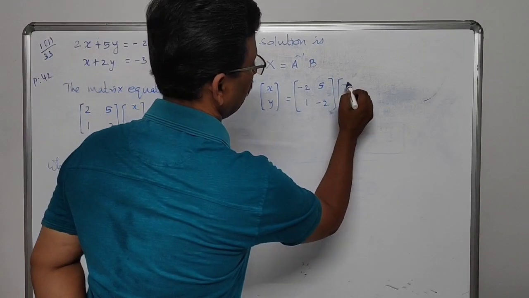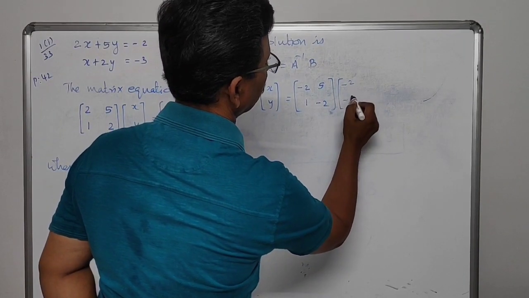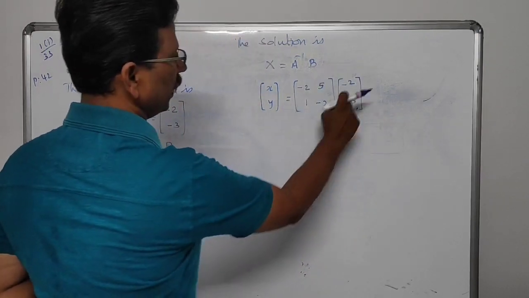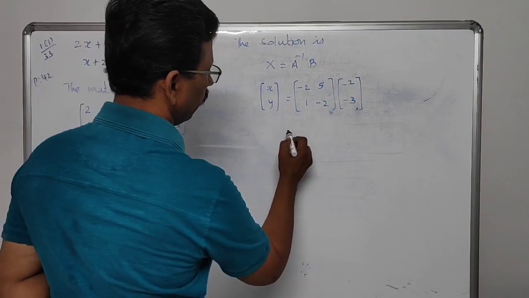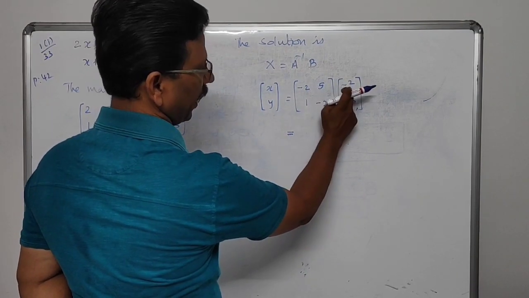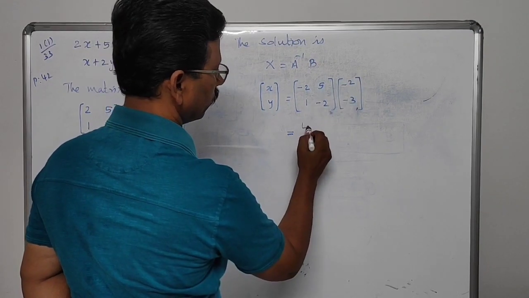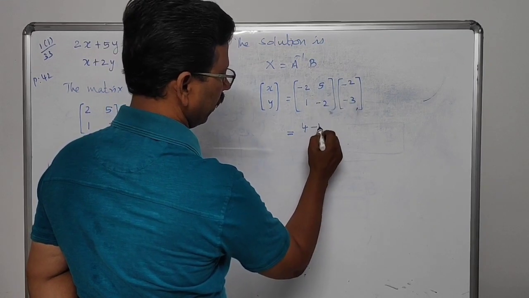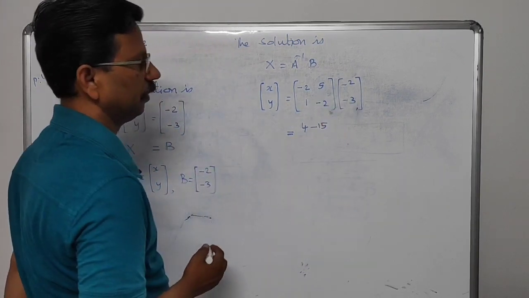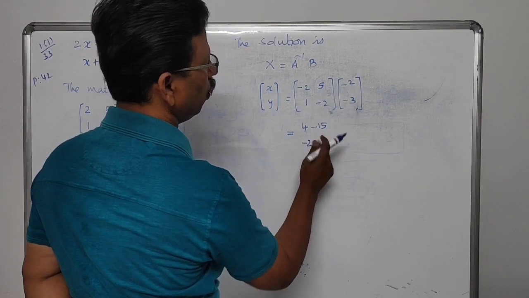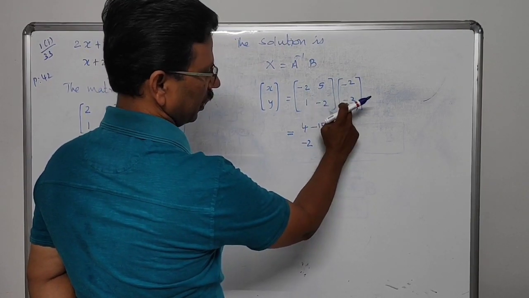Just multiply these two and you will get the solution: minus 2 into minus 2, 4, then plus 5 into minus 3, minus 15, then multiply this one, 1 into minus 2, minus 2, then minus into minus plus, 2 threes are 6.